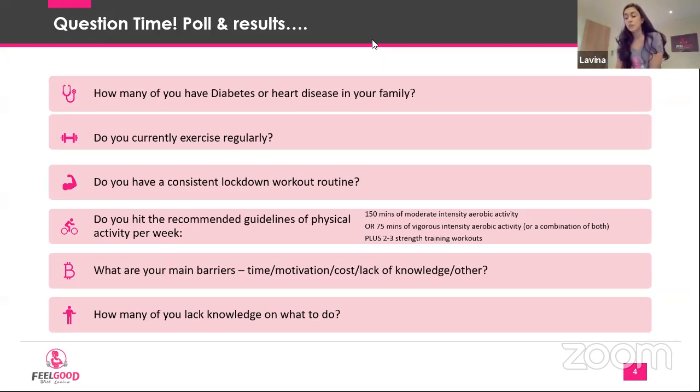It reduces your chances of an early death by a whopping 30%. And that is just by making this combination of exercise work for you.